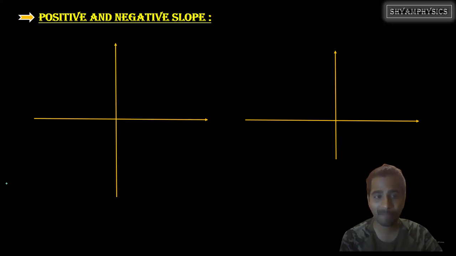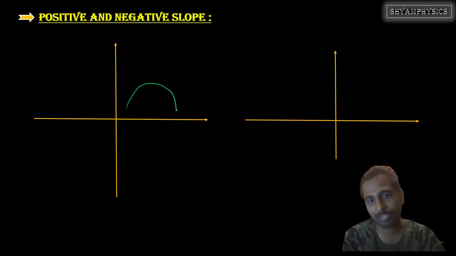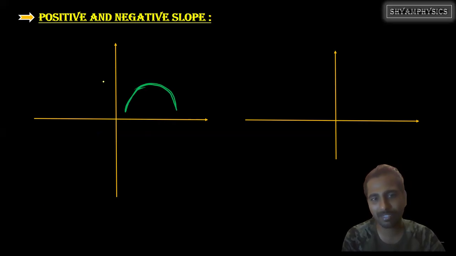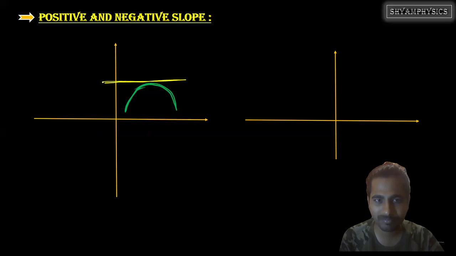Minimum. For example, here there is a graph. For this graph, or this line, I will draw a tangent at this point. This is the tangent which I drew here.